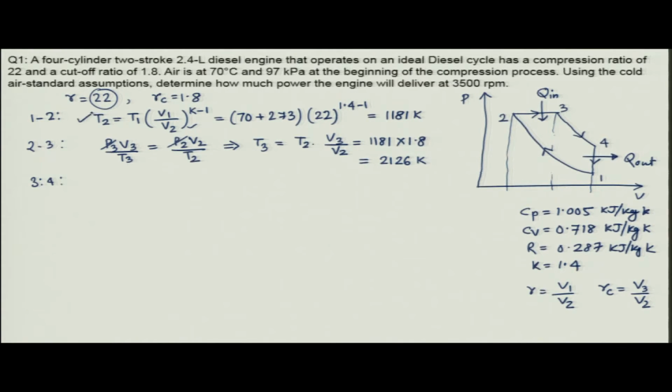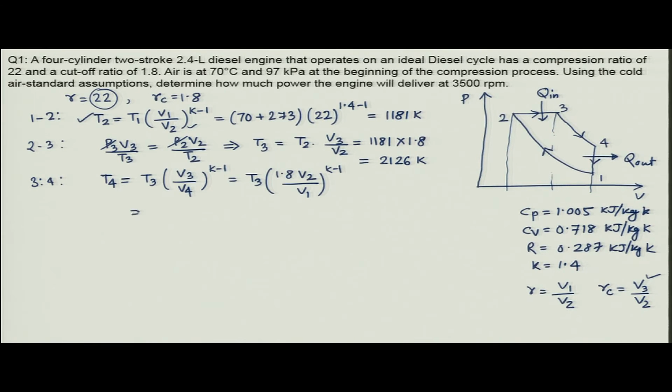Again we will use this formula to obtain the final temperature T4 after the expansion step. Now, we have to find what V3 upon V4 is. I can write V3 as RC times V2, so this is 1.8 times V2, and V4 is nothing but V1.